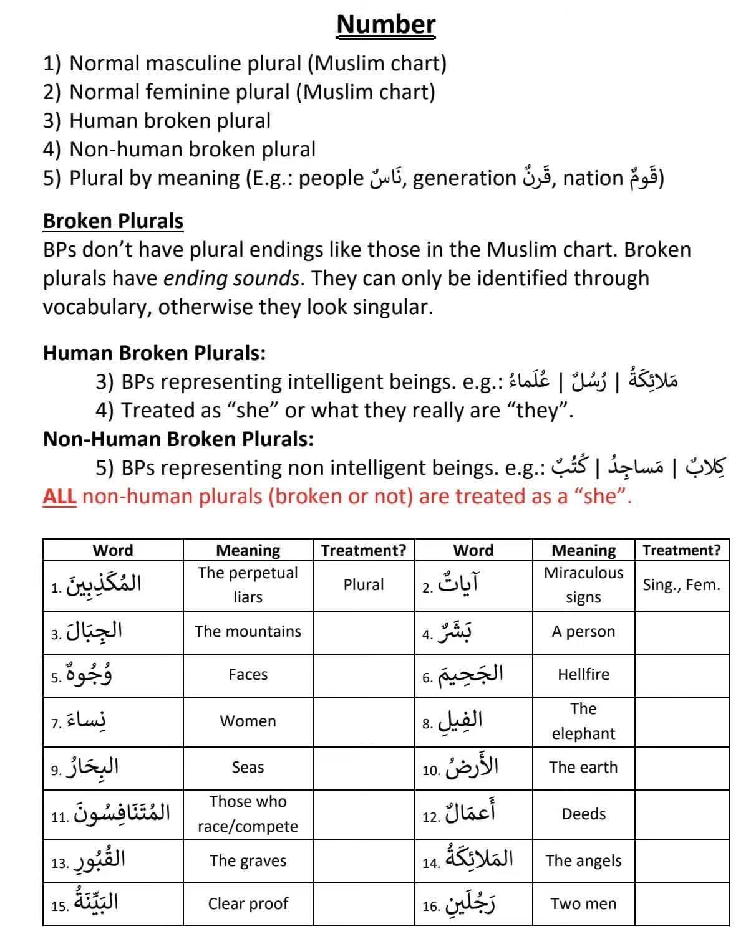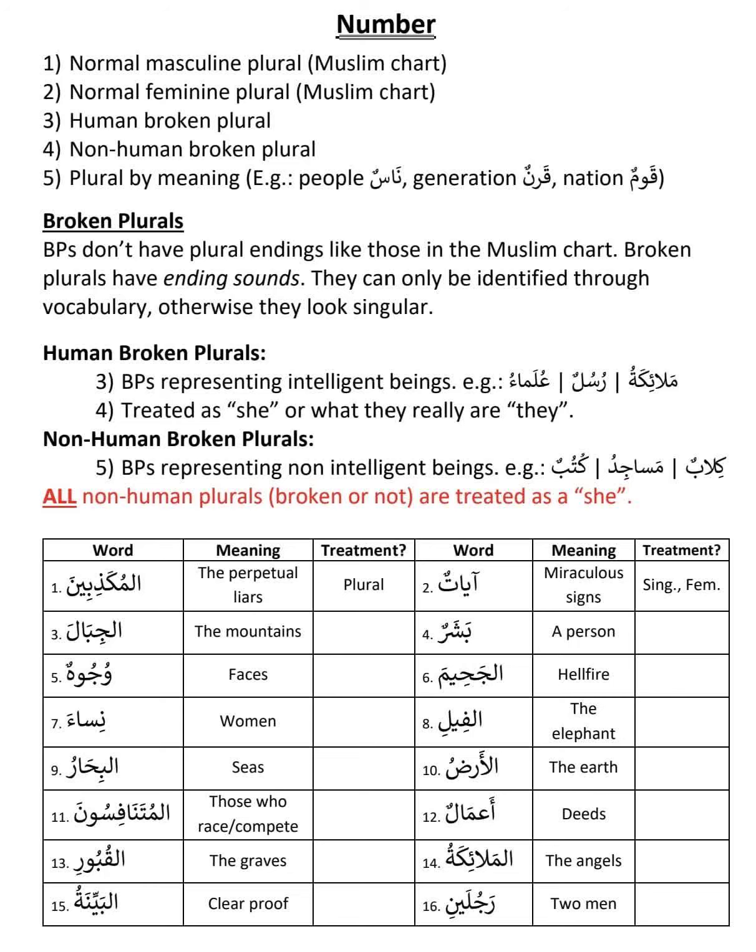What is tricky here? In the entire Arabic, whatever I learned, I found only this part awkward. So please listen carefully. What is awkward is the non-human broken plural. The Arabs consider it as singular feminine.